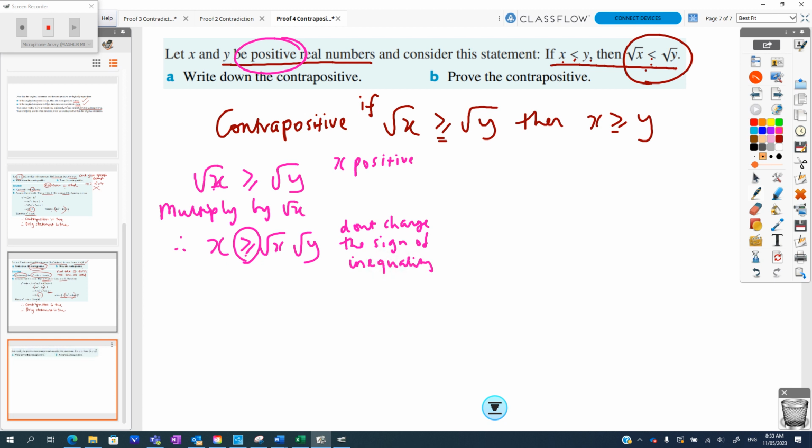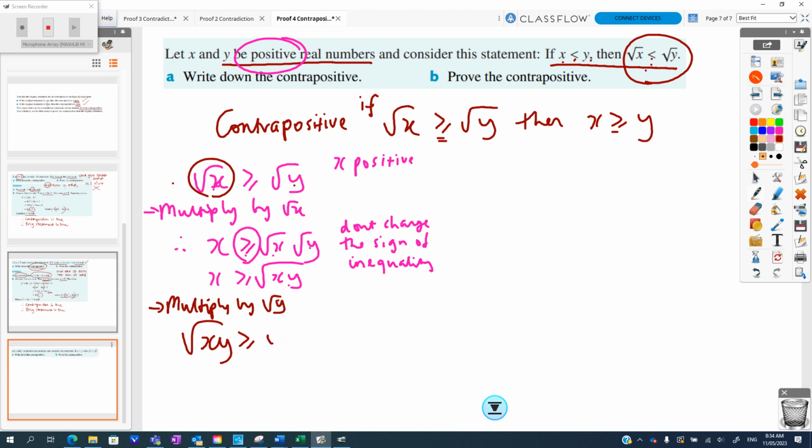Okay, so if I multiply by root x, I get x is greater than root xy, because root x times root y is root xy. And then I'll change colours. I'm going to multiply this statement by root y. So root x times root y is root xy, similarly, and then root y by root y is y.